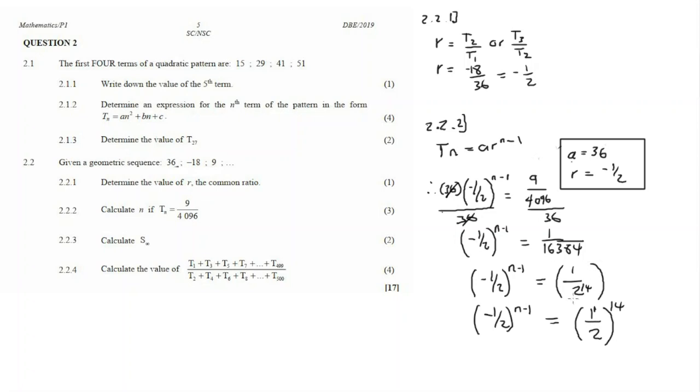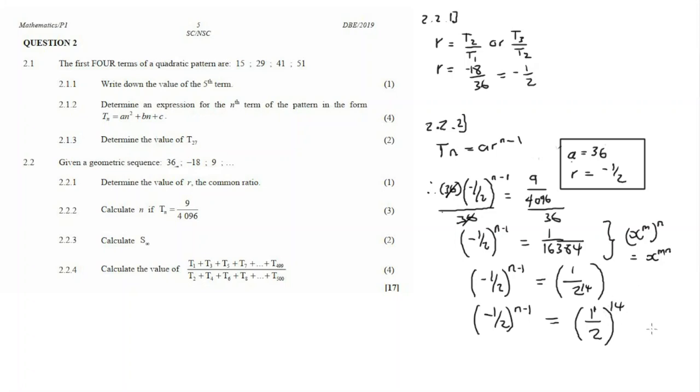So it goes back to the exponential law: x raised to exponent n, raised to m, is the same as x raised to exponent mn, where the exponents multiply each other.